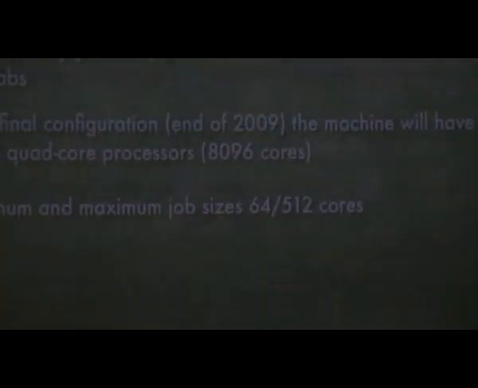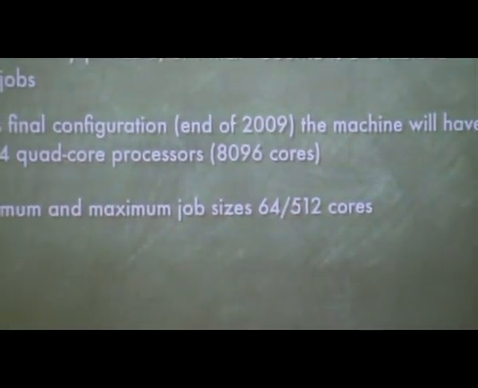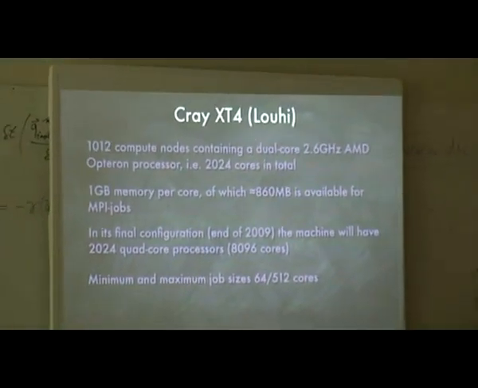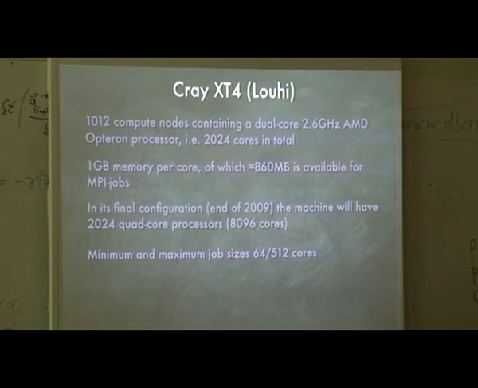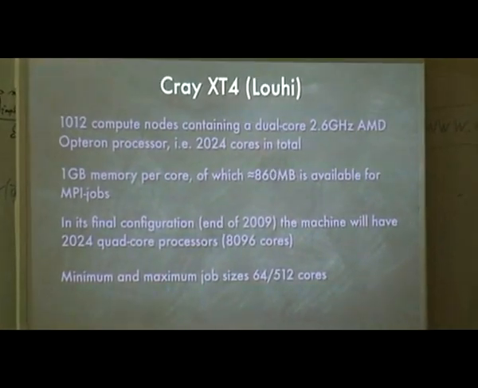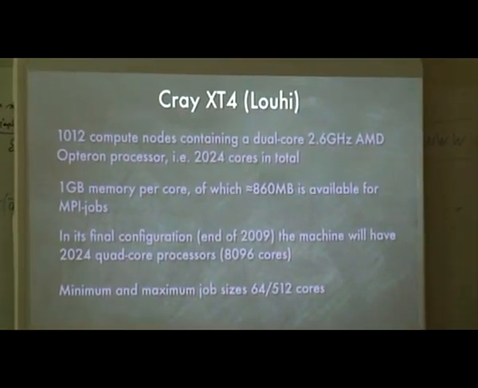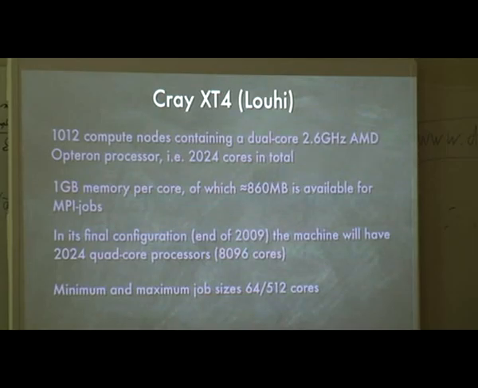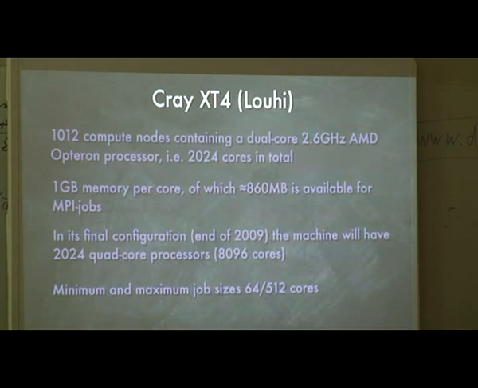and talk about something else, the computer, for example. It has a really strange number of computing nodes. It's really 1012, not 1024, which would be much more logical. Each contains one dual-core AMD processor, so it's about 2,000 cores in total.